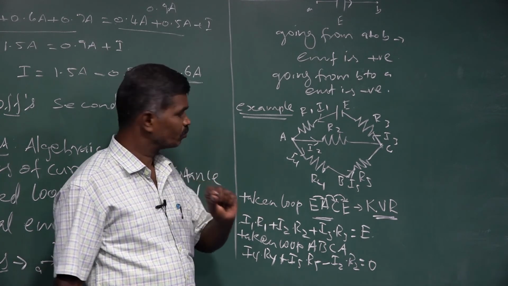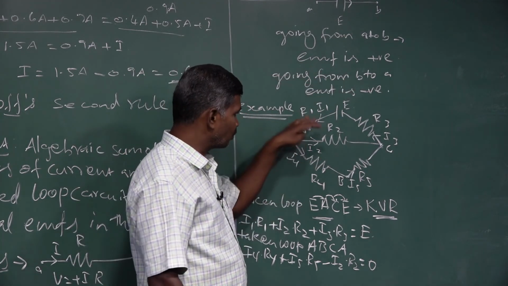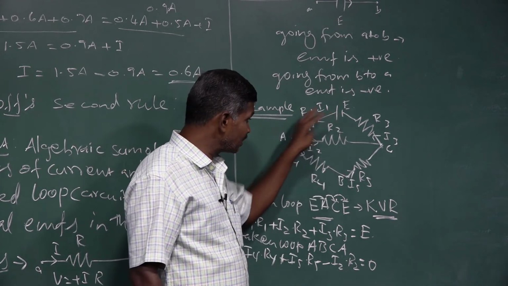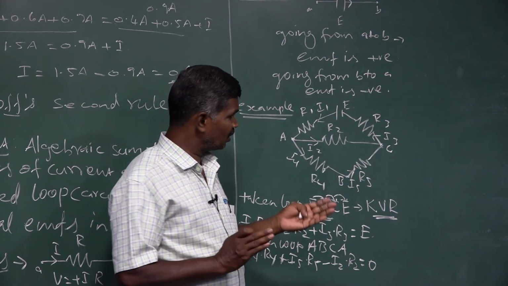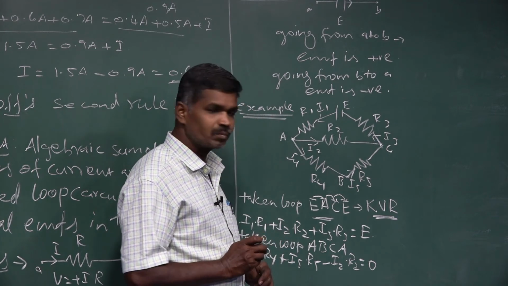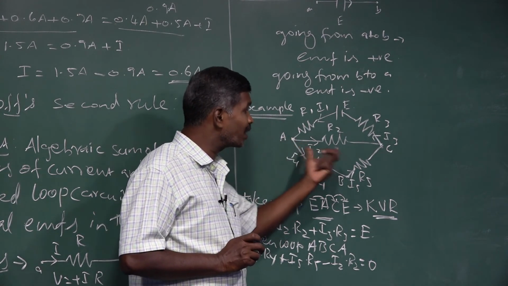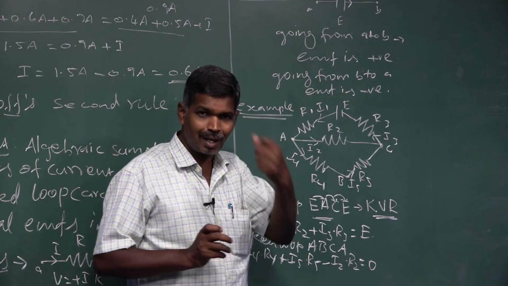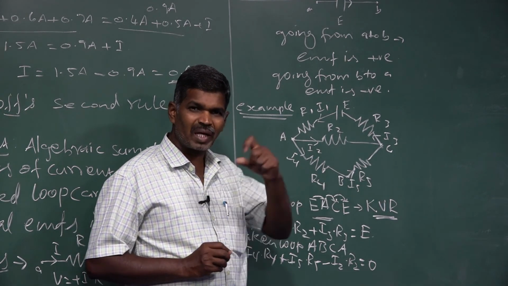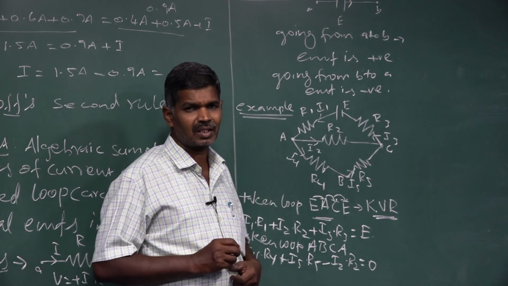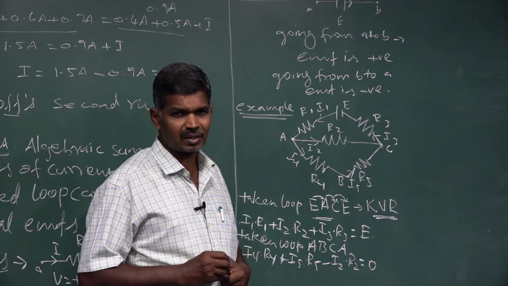And the same thing: whatever energy the cell supplies for the flow of current is consumed by the resistors. That's why the energy delivered by the cell equals the energy absorbed by all the resistors. So it obeys the law of conservation of energy.